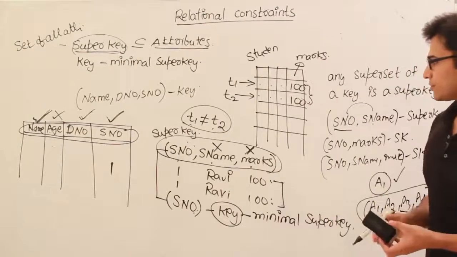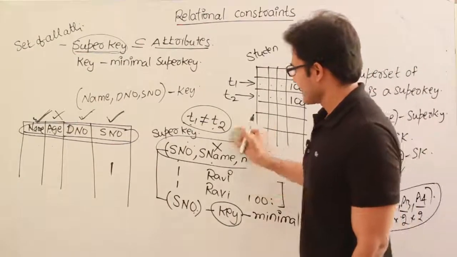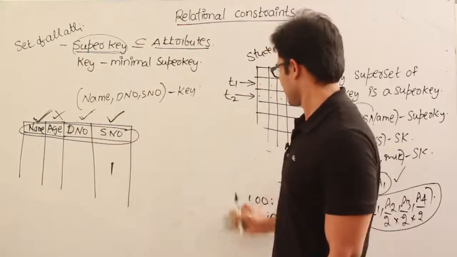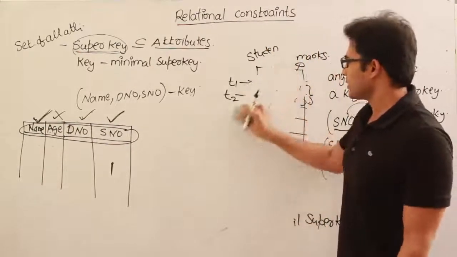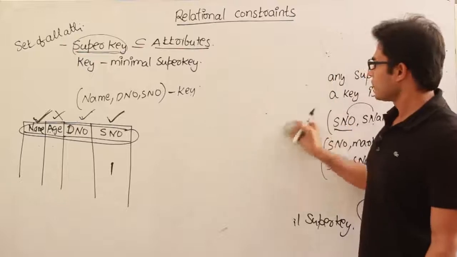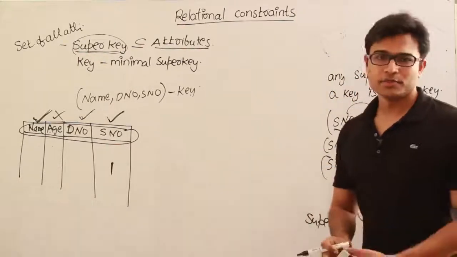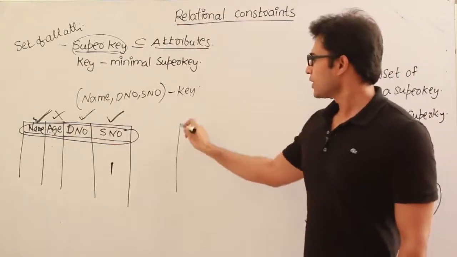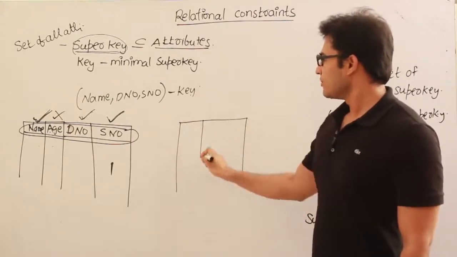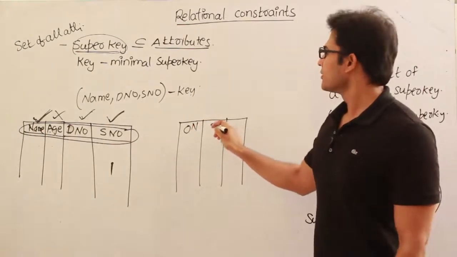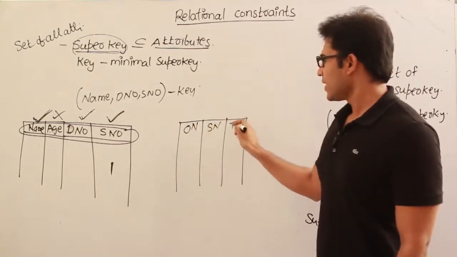Then how is it possible? Just watch. Let us take an example of a mobile phone. In a mobile phone you are going to have two numbers, the IMEI number and the SIM number. There will be an owner name, and there will be a SIM number and an IMEI number.